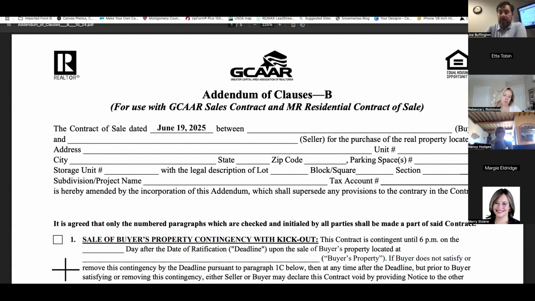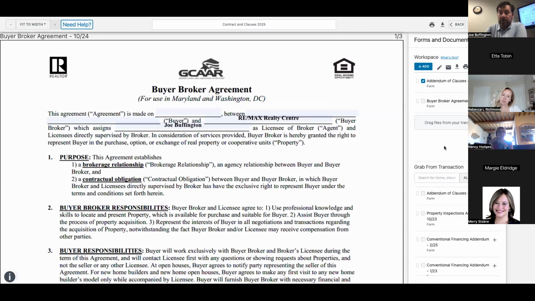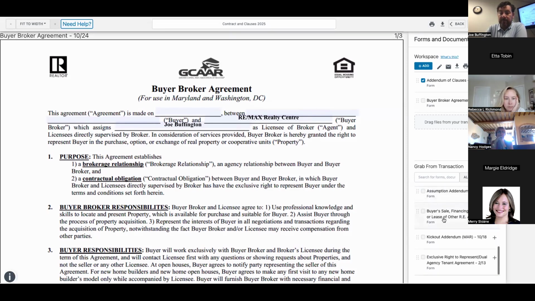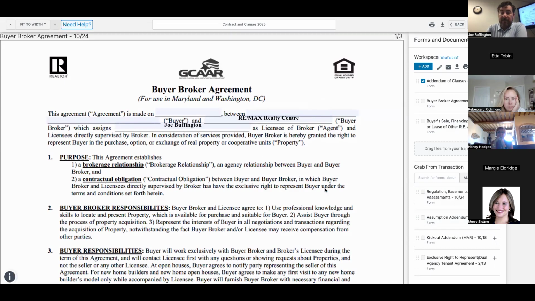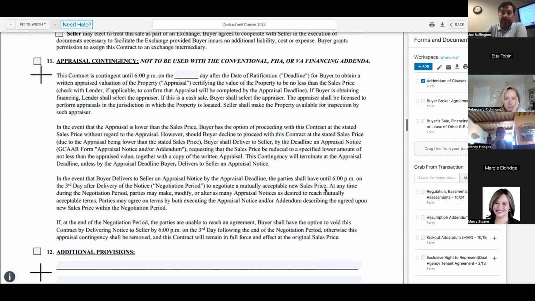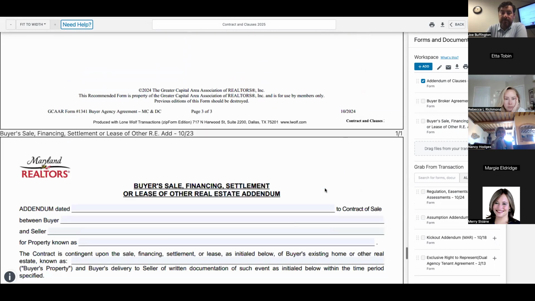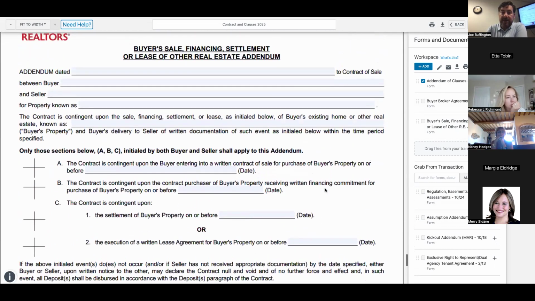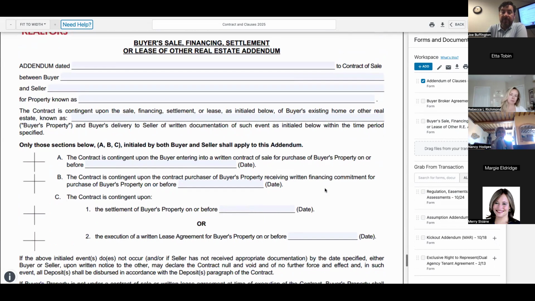Let's see here. I will real quickly talk about, because we did the other day, the buyer sale, financing, settlement or lease of other real property. We talked about this on Tuesday.